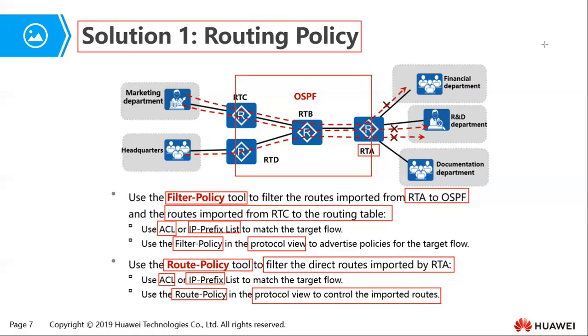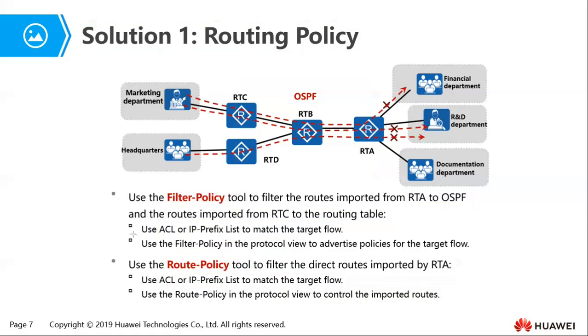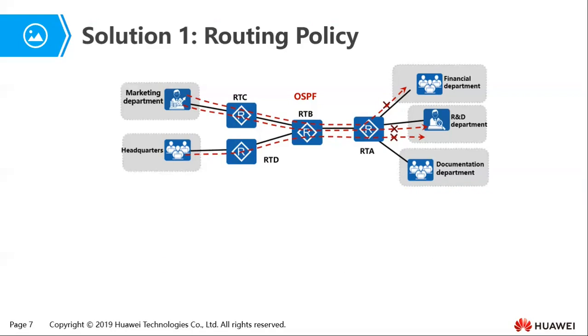Now, generally, some of the common filters that are used, other than those two that we've looked at, include access control lists. We also have what we call prefix lists. So we are going to look at that. You can also use attributes such as the AS-Path filter.